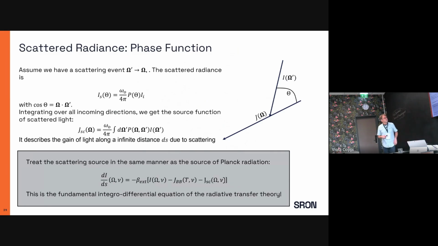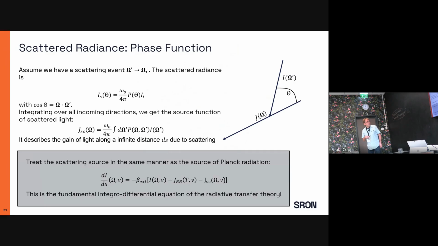So what we do in the radiative transfer theory is, this is a schematic scheme of scattering. Incoming light, radiance, is scattered in this direction. And we describe that by a simple relation. The radiance of the incoming light is related to the scattered radiance in a certain direction.